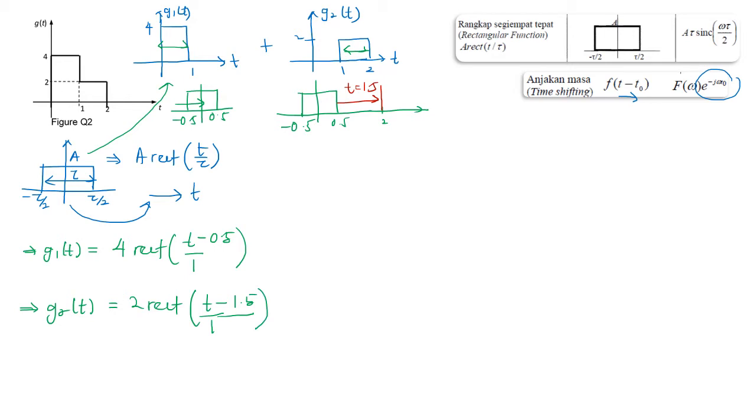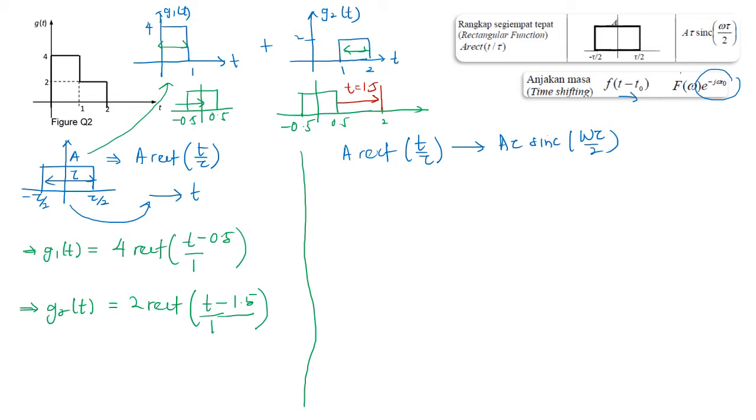Okay, so next, convert each of these into omega. Your G1(omega): you know that a rect(t over tau) will produce A tau sinc(omega tau over 2).